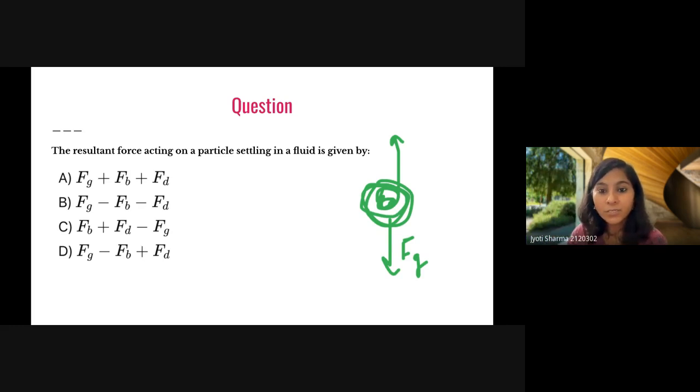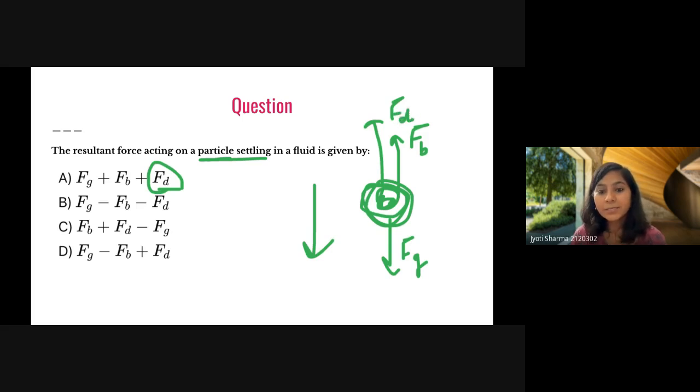So opposite force will be force due to buoyancy. Okay, then another we have the drag force. So this drag force is resisting the movement, and here this is the particle that is settling in the liquid, so it means it is going down. Okay, and drag force is the one that will resist your motion, so that will also go up. So this is your Fd.